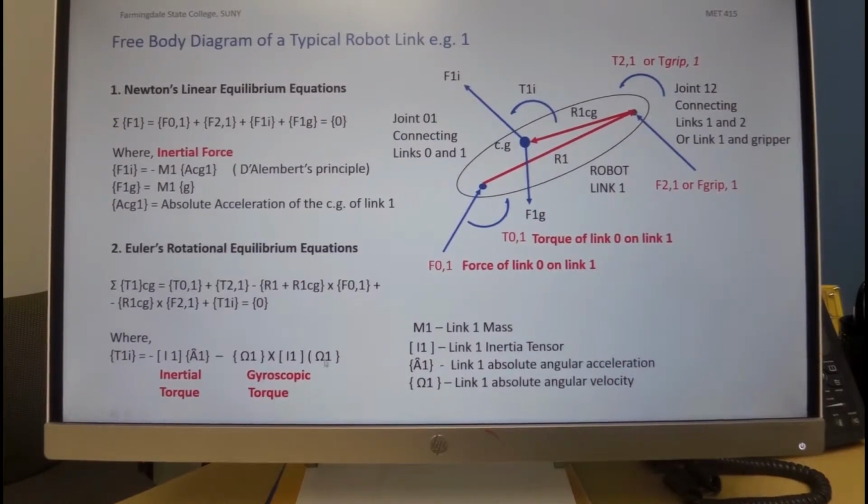And we call this particular term the gyroscopic torque. So this is the total inertial torque, and we have to remember to put a minus sign when we plug it in here.